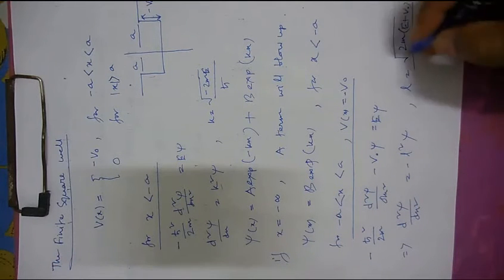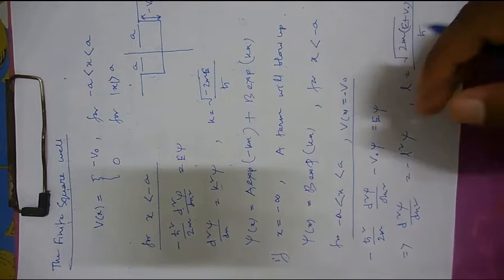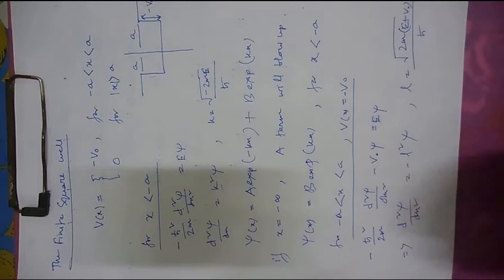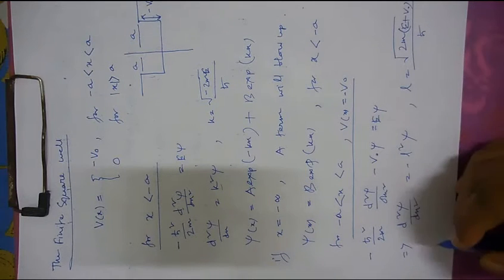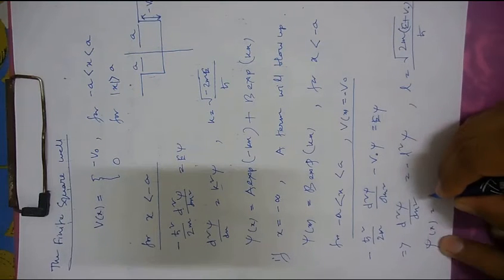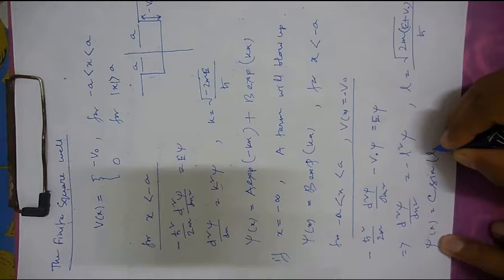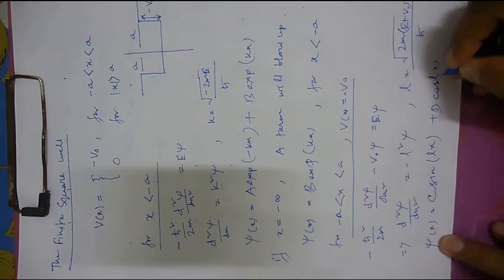So this term is always positive, because V0 is much lower. So the solution will be a periodic function. If you write it in sine and cosine terms, it is a sine lx plus b cos lx.